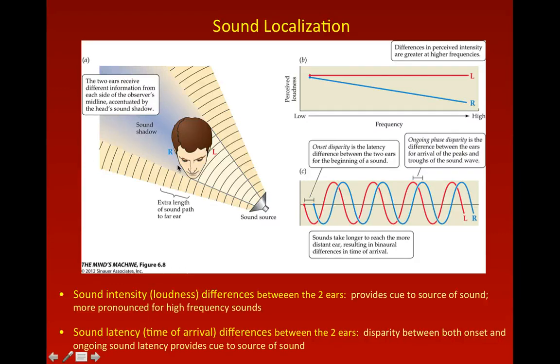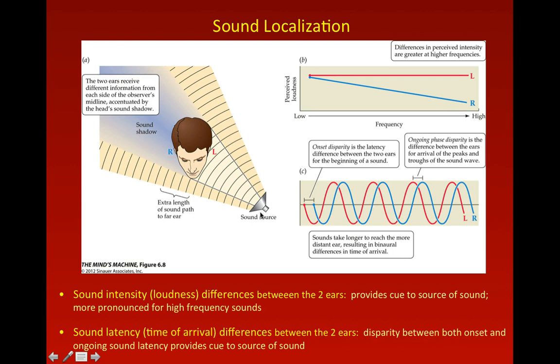So let's consider that we have a person and the source of the sound. Their eyes are closed, they don't know where the sound source is, and we ask them to localize it in space. They will pretty accurately localize it as being to the left and in the front of their head. How do they do this?